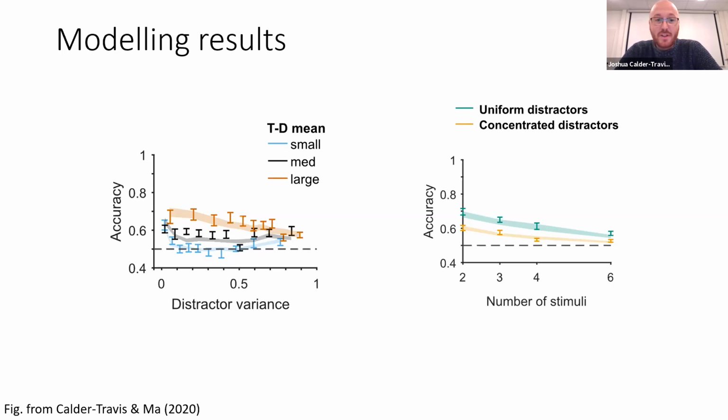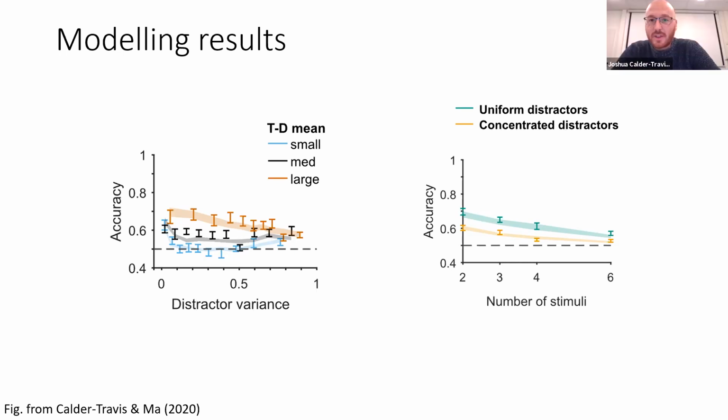But I could imagine that at very high distractor variance, distractors also tend to be farther away from the target. So that might help a little bit with accuracy, right? Because as we said earlier, all those summary statistics are correlated. So distractor variance, especially on the extreme high end, is going to also constrain distractor mean.